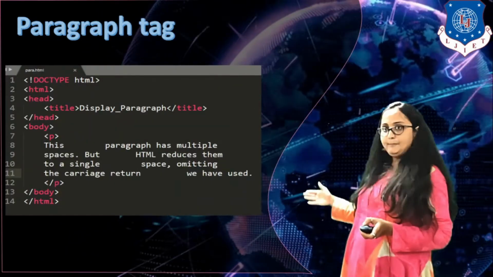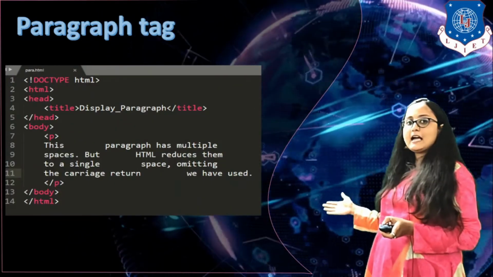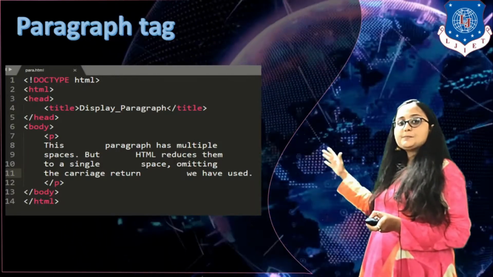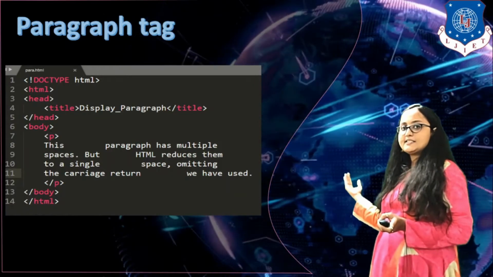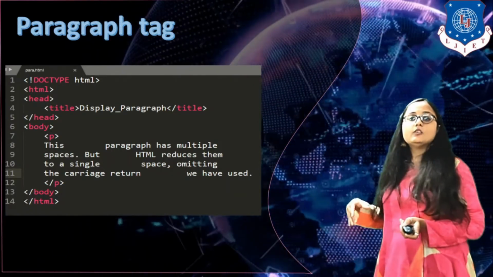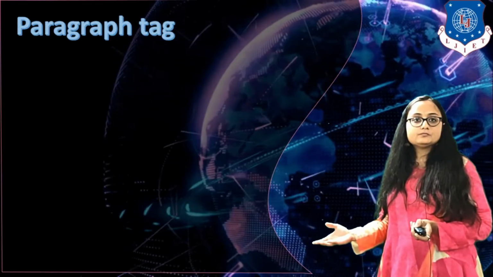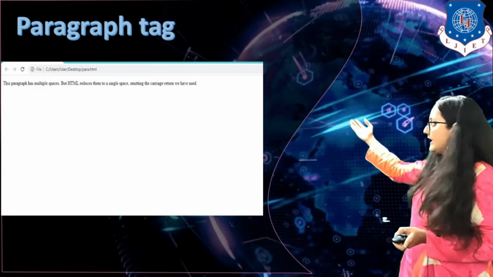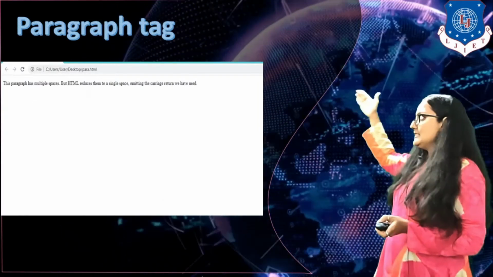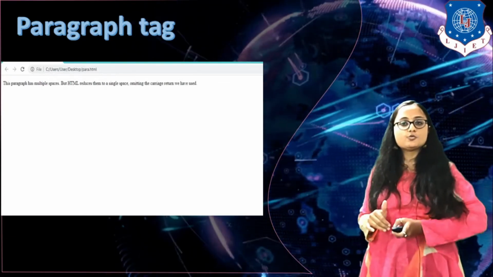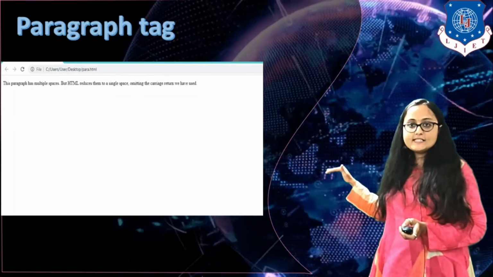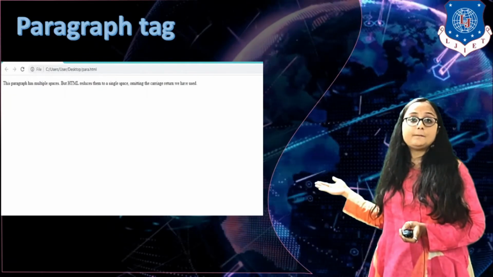Again, this is the same code, but I have added multiple spaces between two words. As you can see, I have randomly added spaces between words, and what will be the output? The output is the same, right? The whole multiple lines is reduced to a single line. Also, the multiple space is reduced to a single space. So this is the default rule for a paragraph tag.